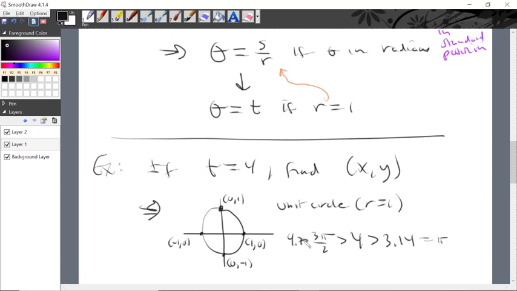So certainly 4 is between 3.14 and 4.7, so we're somewhere in quadrant 3, therefore. So if t is equal to 4, that means we are somewhere in quadrant 3. This would be the angle theta right here. This is the distance t right here.